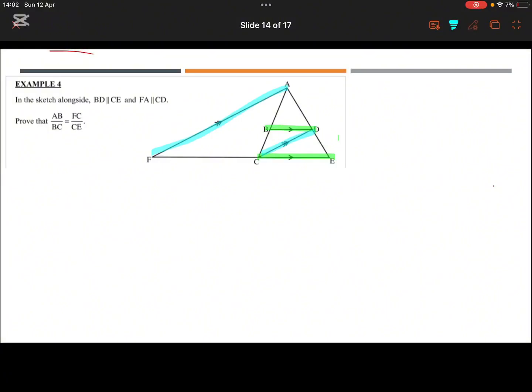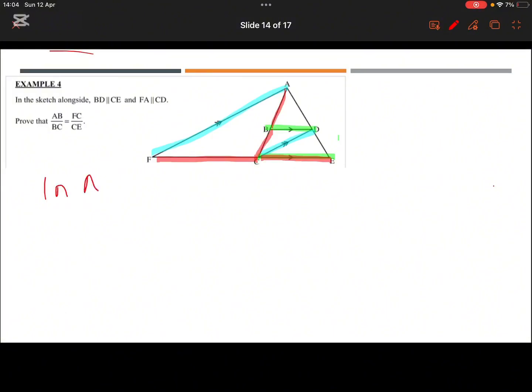Now prove that AB divided by BC is in proportion with FC, also CE. So that is what we are required to prove.